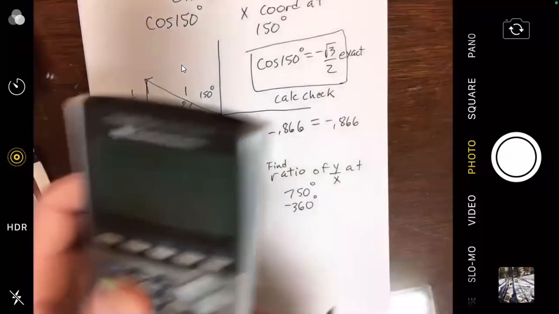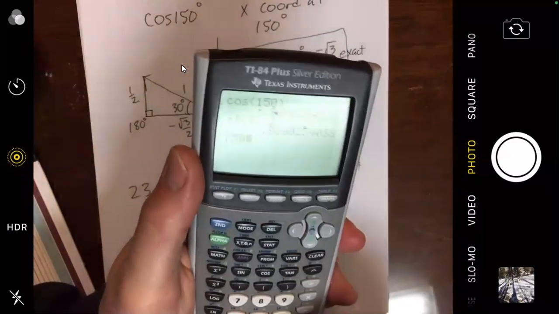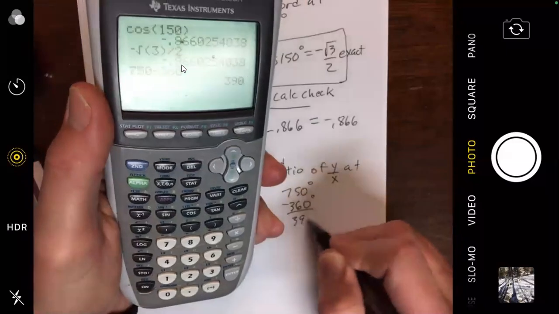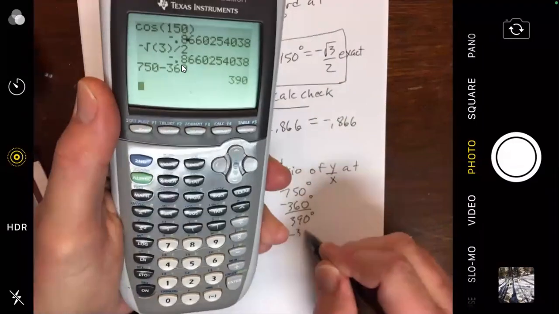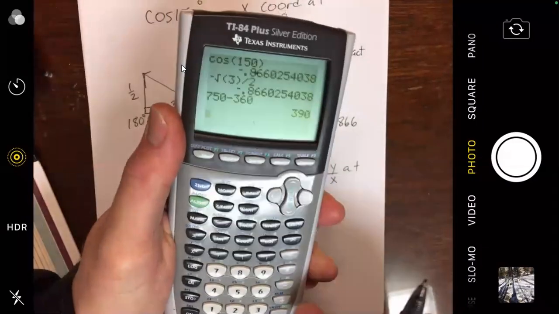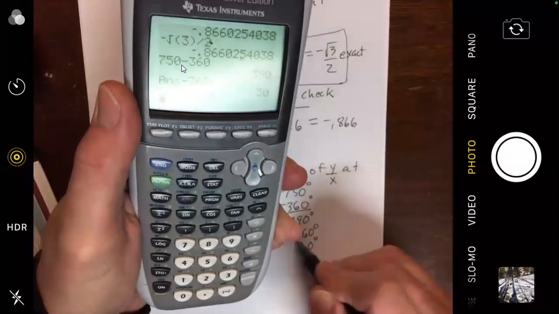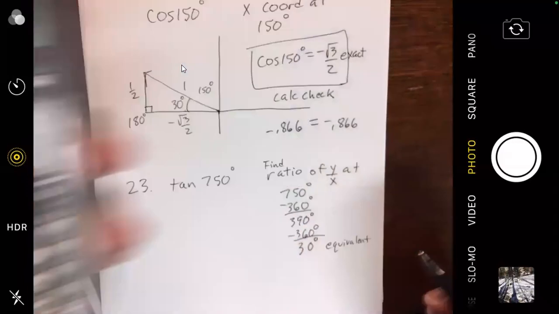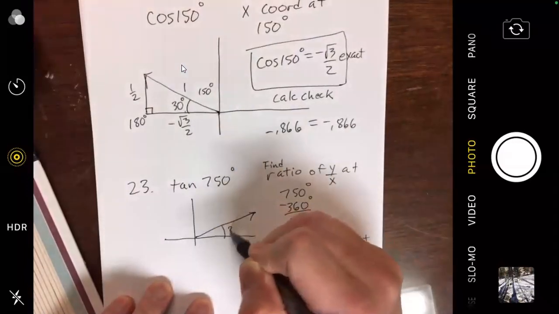So I'm going to get back to the first quadrant, or once around anyway. 750 minus 360, 390 degrees. Okay, minus 360 degrees again. 30 degrees, a 30-degree equivalent. 750 is at 30 degrees.